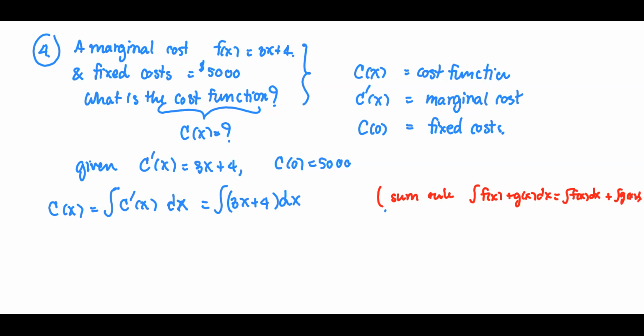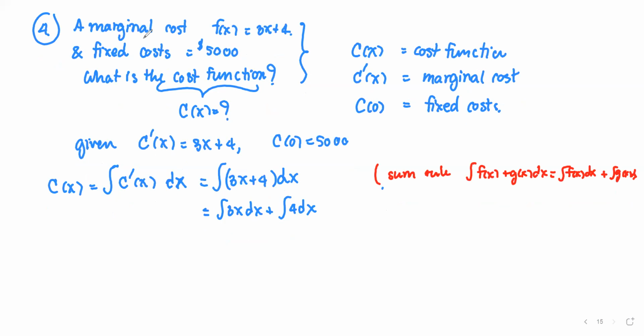So this problem can be written as the integral of 3x with respect to x plus the integral of 4 with respect to x. And then the first term is the constant multiple. So that is the constant 3 multiplied to the term x, and number 4 here is the constant function.